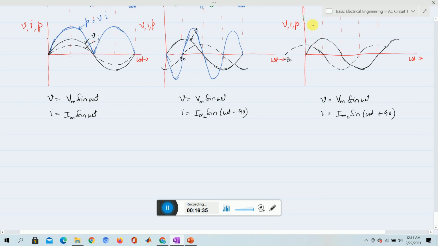Let me take this height so that it is easy to draw, and here we have a waveform like this.